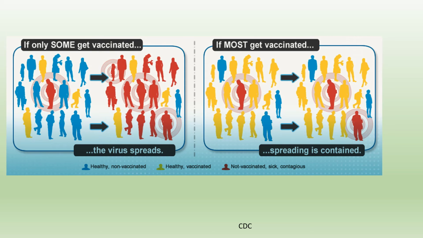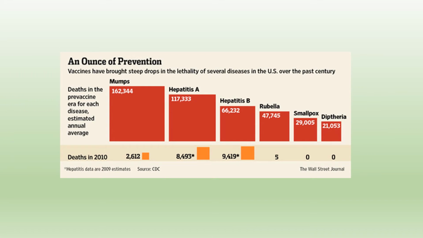Natural immunity is not as good as vaccine immunity, which I know is surprising to a lot of people. So, vaccination protects you, it protects your loved ones, it protects complete strangers.